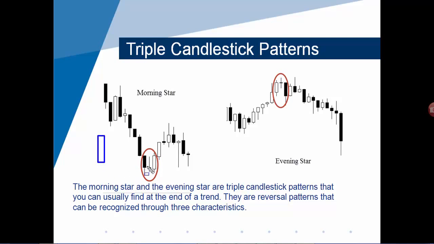So we have bearish, indecision, decision, bullish. And I'll show you guys how we trade this on a day-by-day basis. In an evening star pattern, price is going up, hits a level of resistance. We have a bullish, we have an indecision, and then we have a decision to go short. So this is giving us some clues that price is going to reverse.